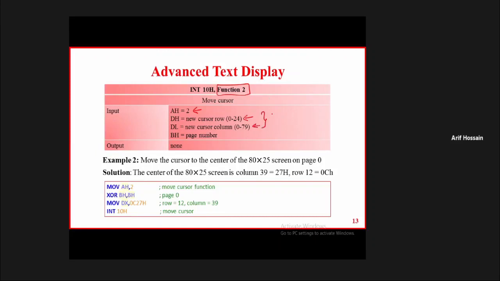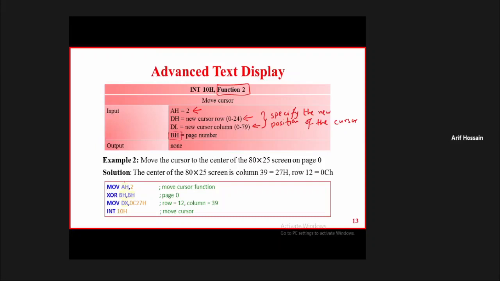With this you specify the new position of the cursor. And BH will be the page number. Page number means you might have multiple displays available to you, so the page on which you want to move your cursor will be determined by BH.